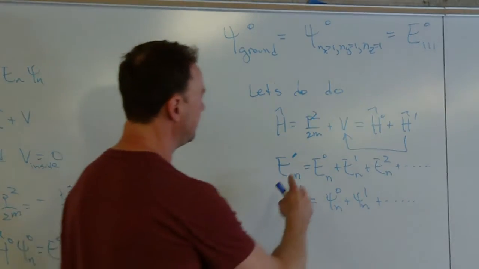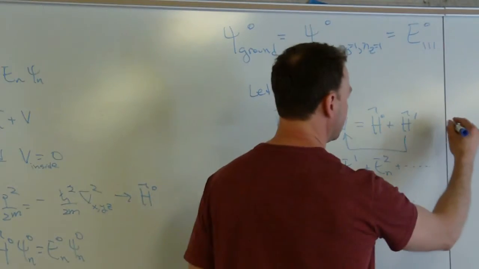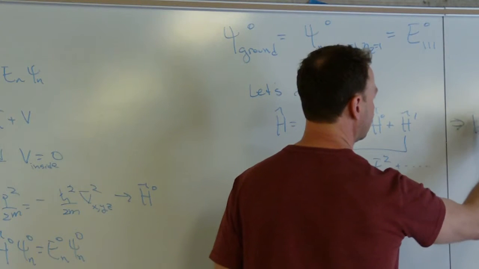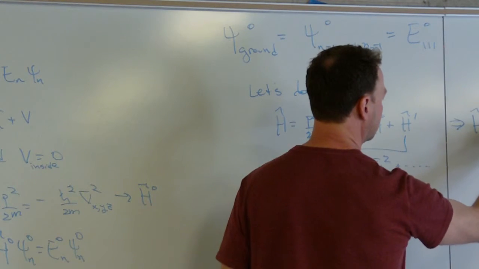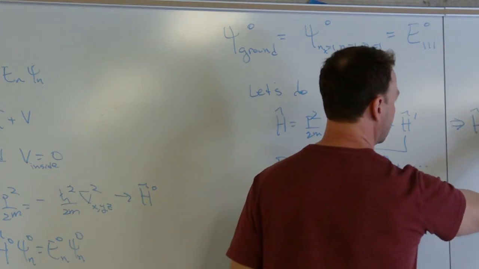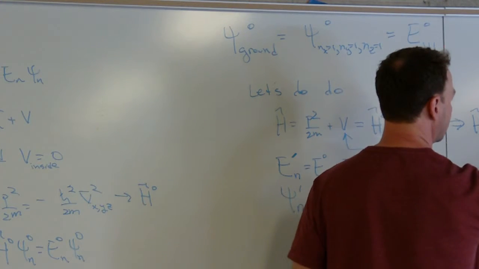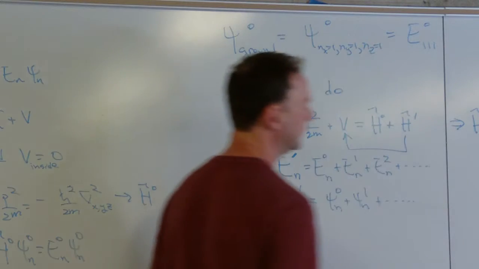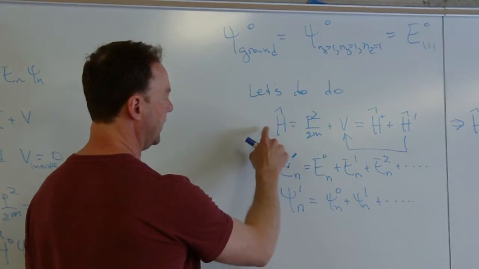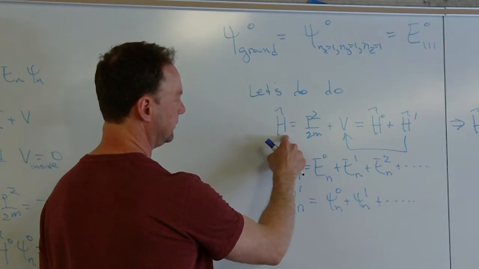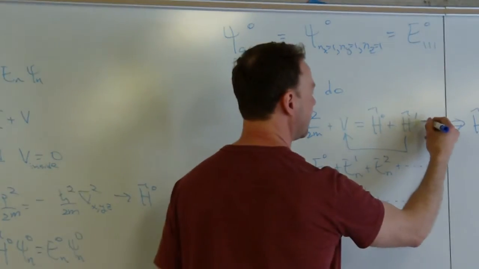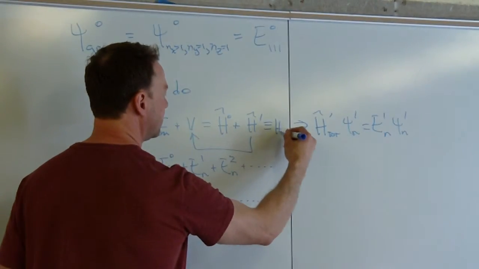Okay, so in other words, maybe I should write this. What I'm really looking for to solve is H total prime times psi_n prime equals E_n prime psi_n prime. So let's define this as H total prime.